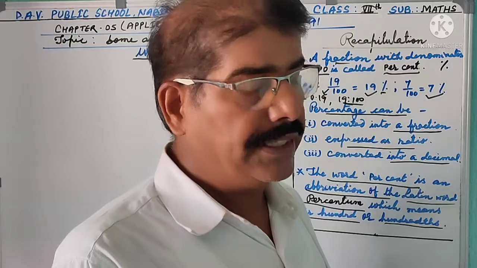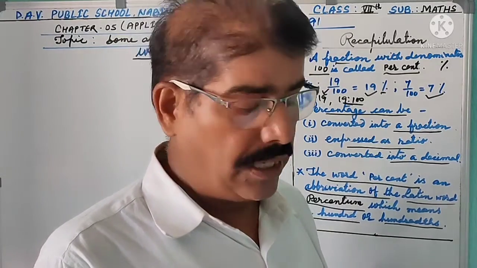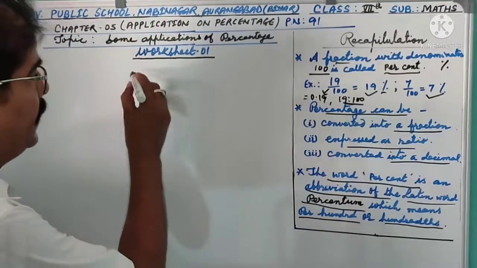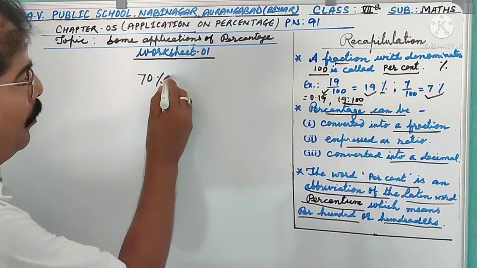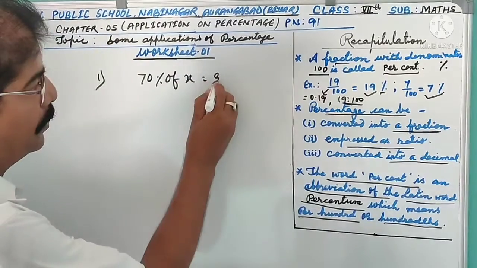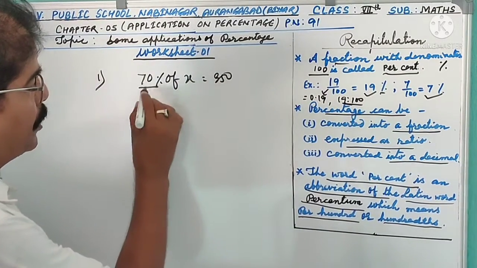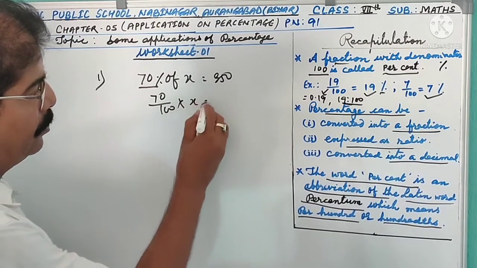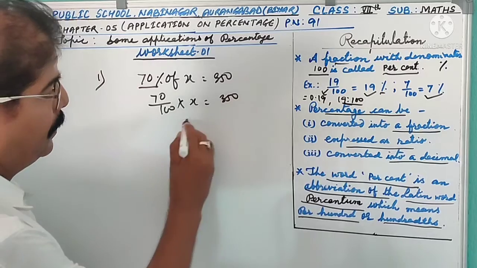That means 70% of X equal to 350. First you change 70 percent, that means 70 by 100 into X equal to 350.